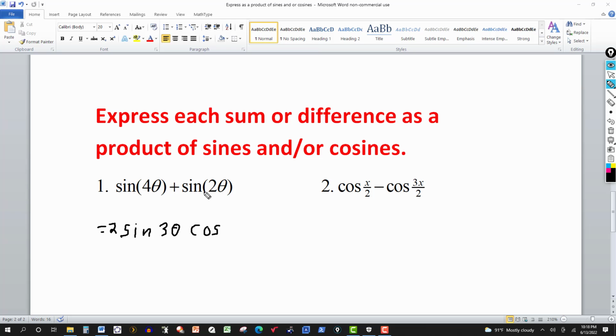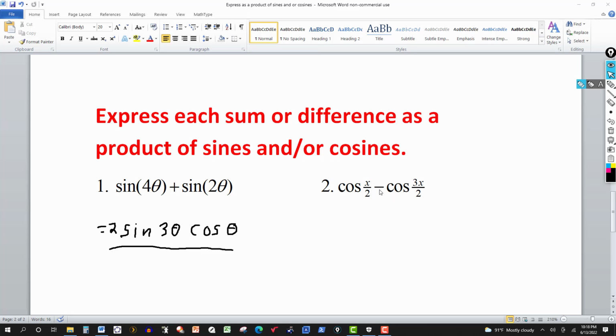And in this case, it's the difference. So 2 sine, the sum of the two angles divided by 2, and over here it's the difference of the two angles divided by 2. So 4 theta minus 2 theta is 2 theta divided by 2 is theta. So we want to write this sum as a product using those formulas. It's going to be 2 sine 3 theta cosine theta.